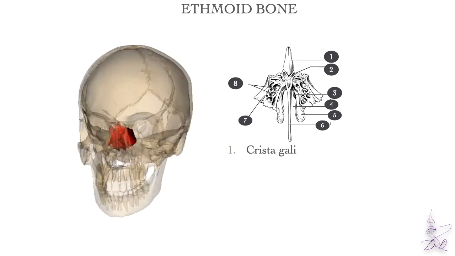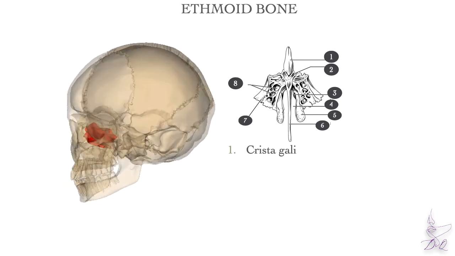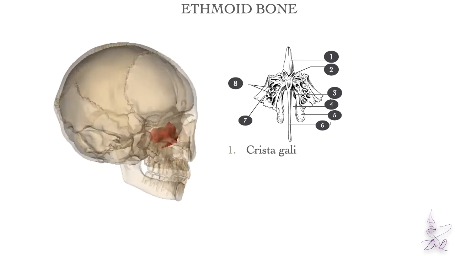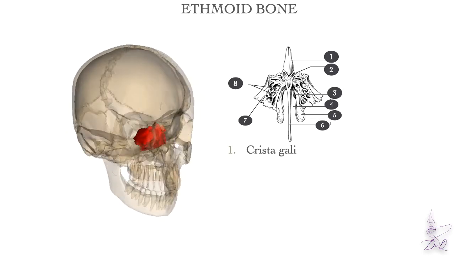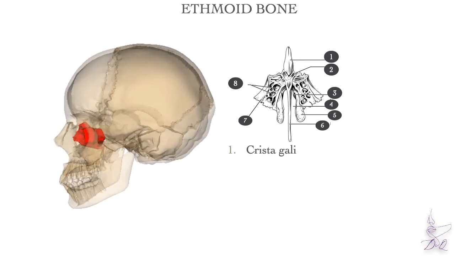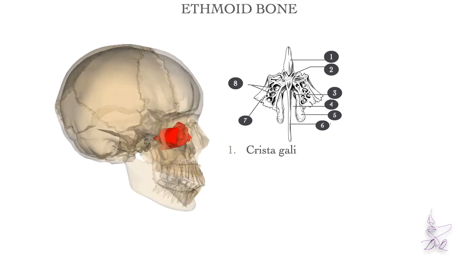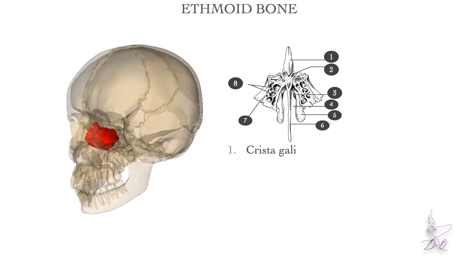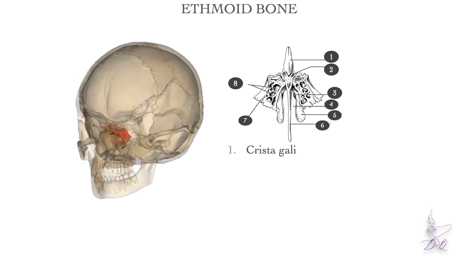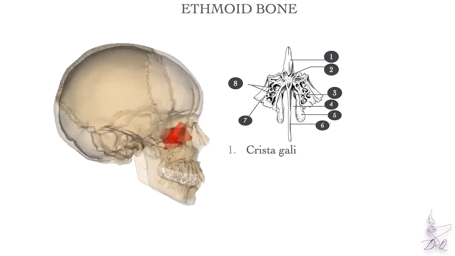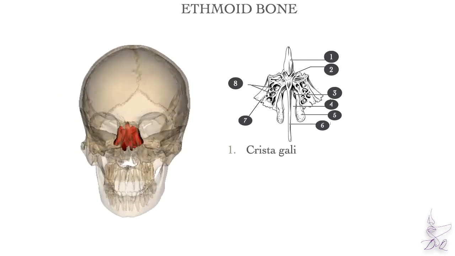Now, the bone consists of a perpendicular plate and two ethmoidal labyrinth parts, which are superiorly attached to the cribriform plate. A smaller orbital part extends towards the orbit. The ethmoid labyrinths lie on both lateral sides and contain numerous little cavities with ethmoidal cells, which are referred to as the ethmoidal sinus.